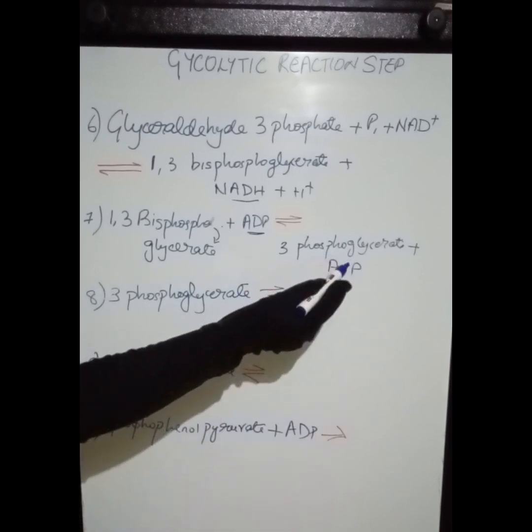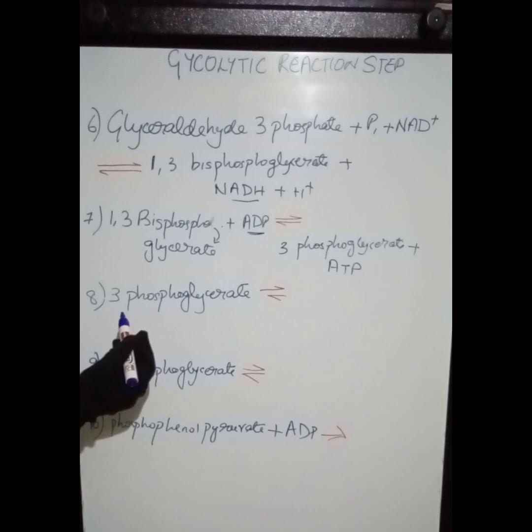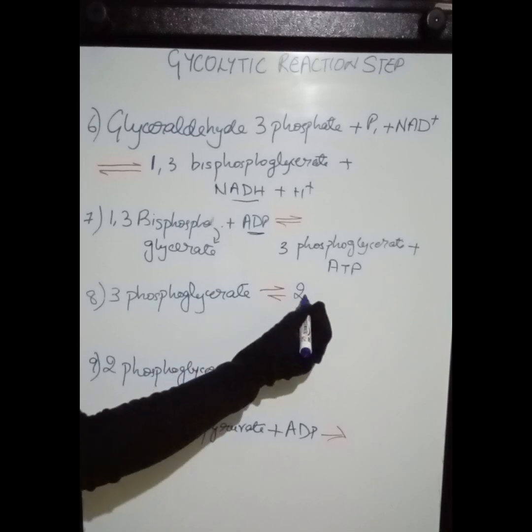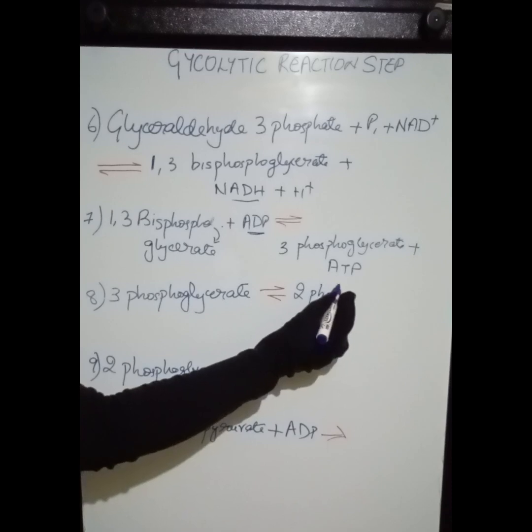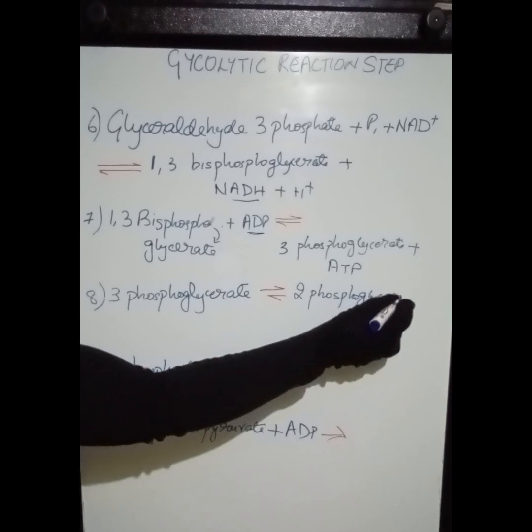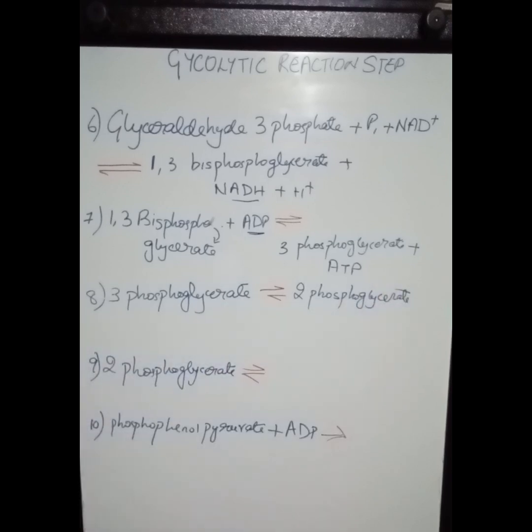Now this 3-phosphoglycerate gets into the next step, again a reversible reaction, and forms 2-phosphoglycerate.